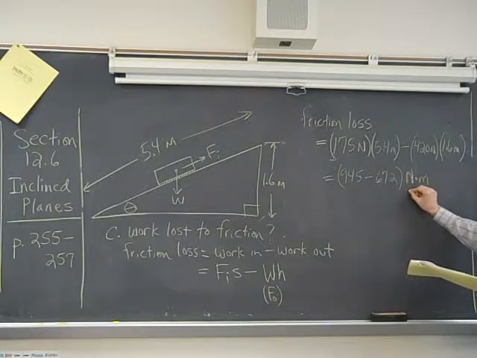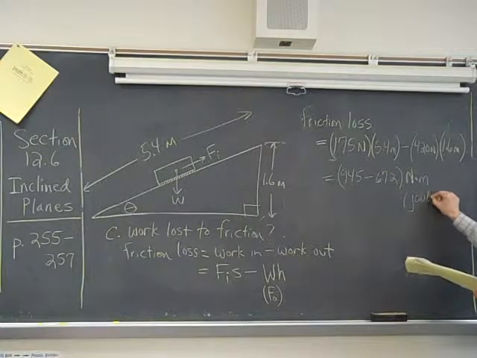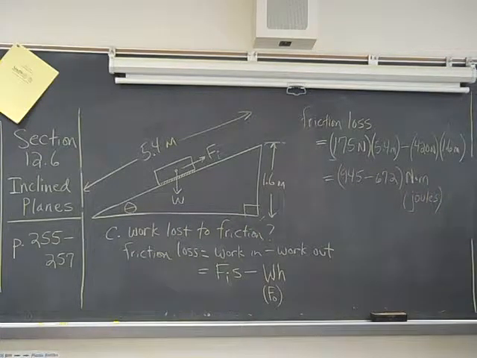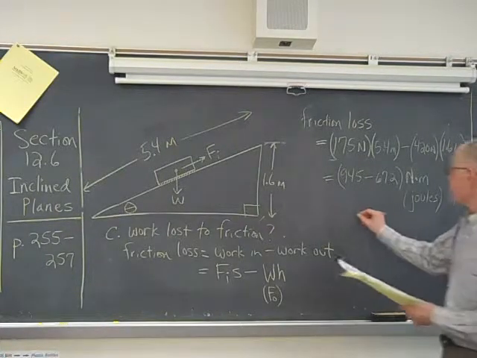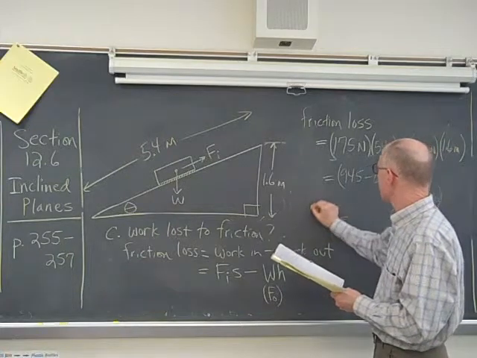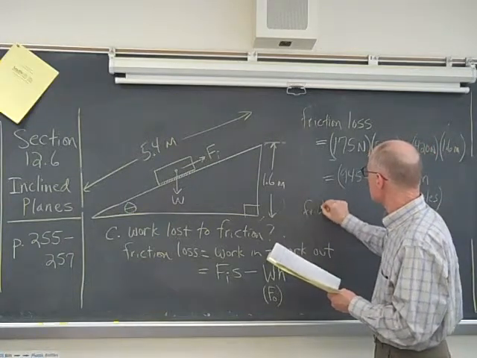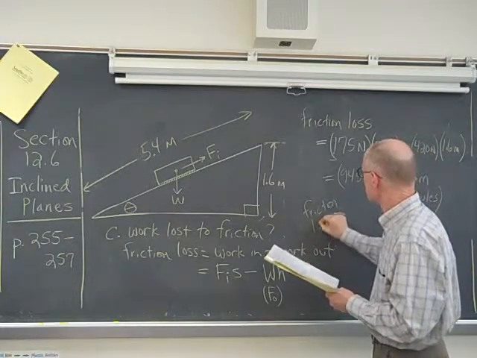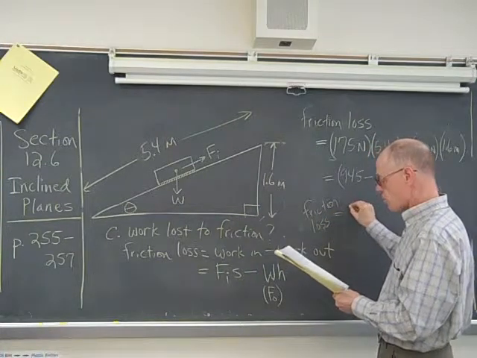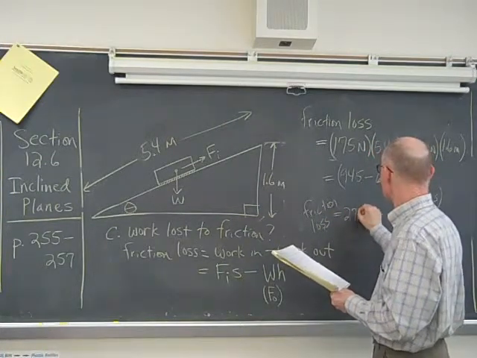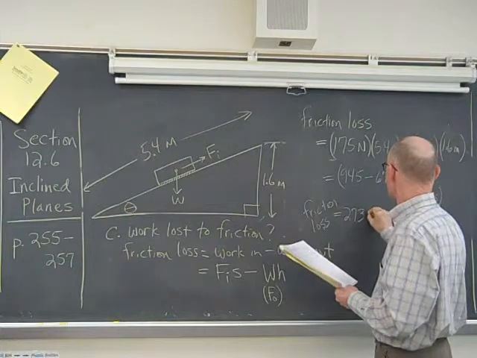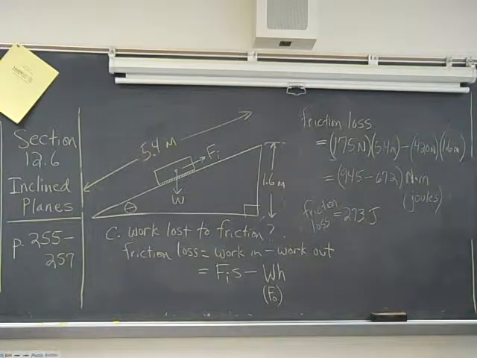And you also, from our previous discussions, know that Newton meter is the same as a joule. So you could answer it in Newton meters or in joules. So you subtract that out, that ends up being your friction loss is 273, and I'll just abbreviate it J for joules.